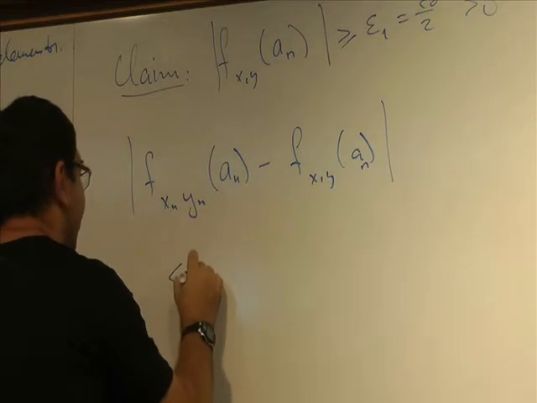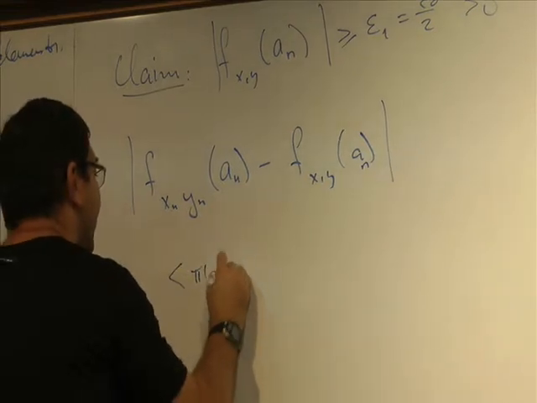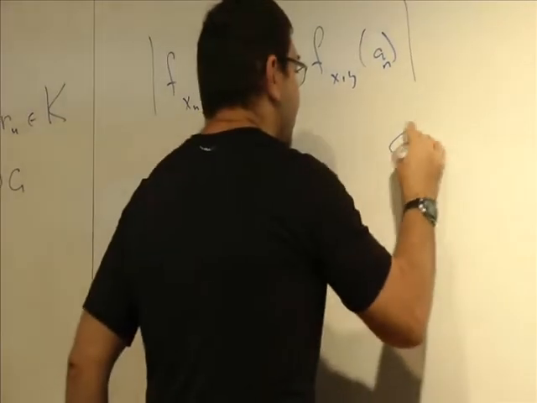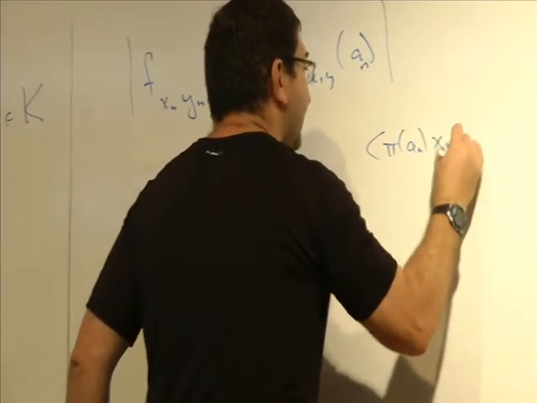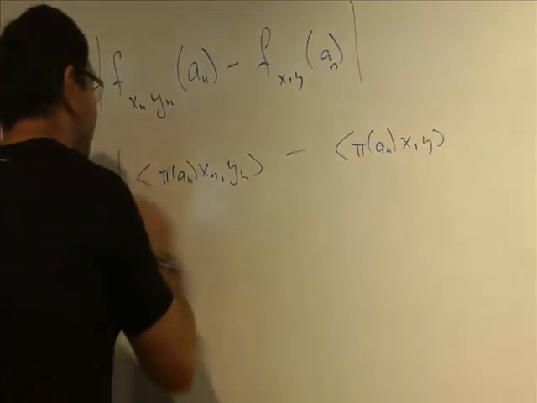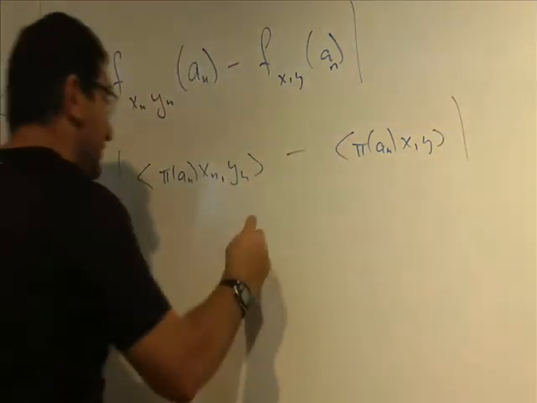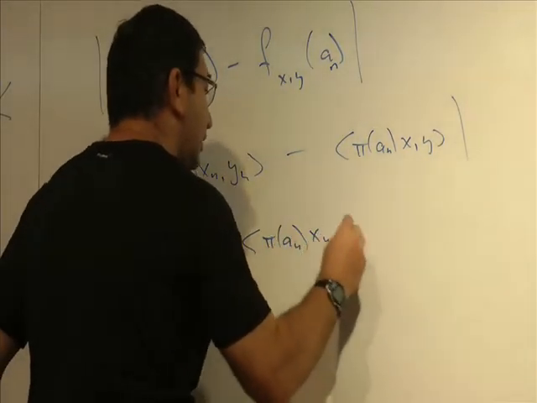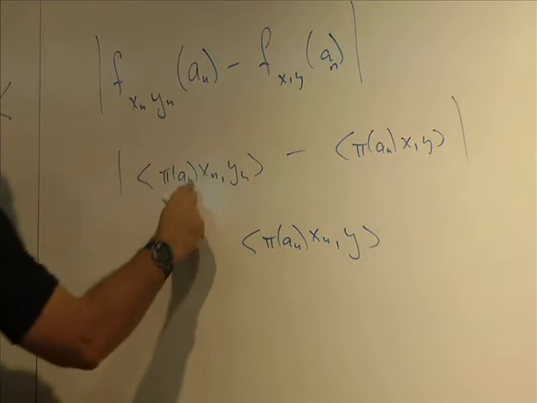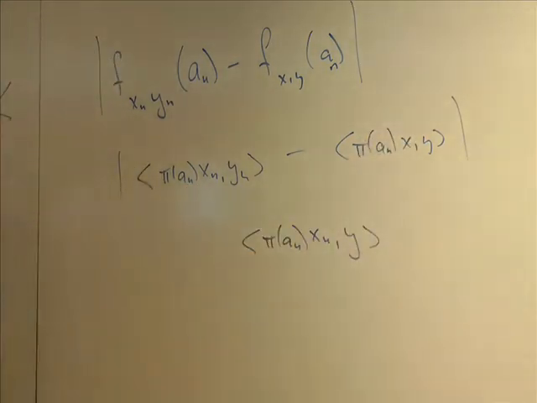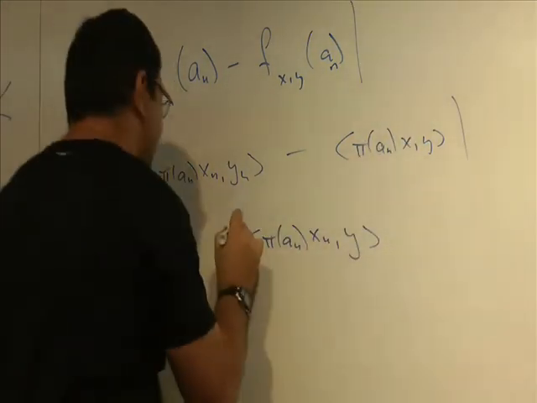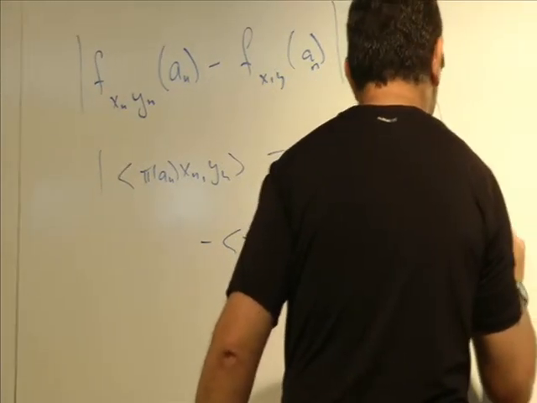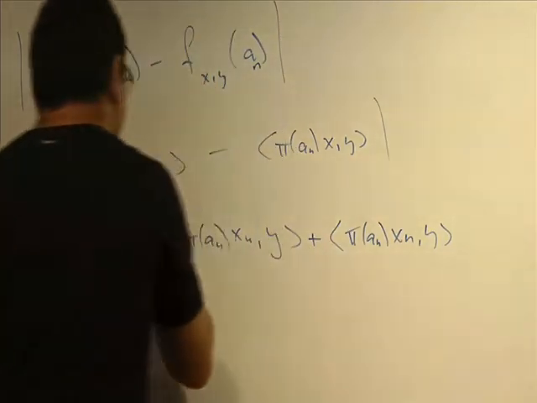It is the inner product of pi an xn, yn, and you need to compare it to pi an x, y. Well, the natural thing to do is introduce a mediator which is mixed. It has xn but y on the other side. So you subtract and add it inside here.